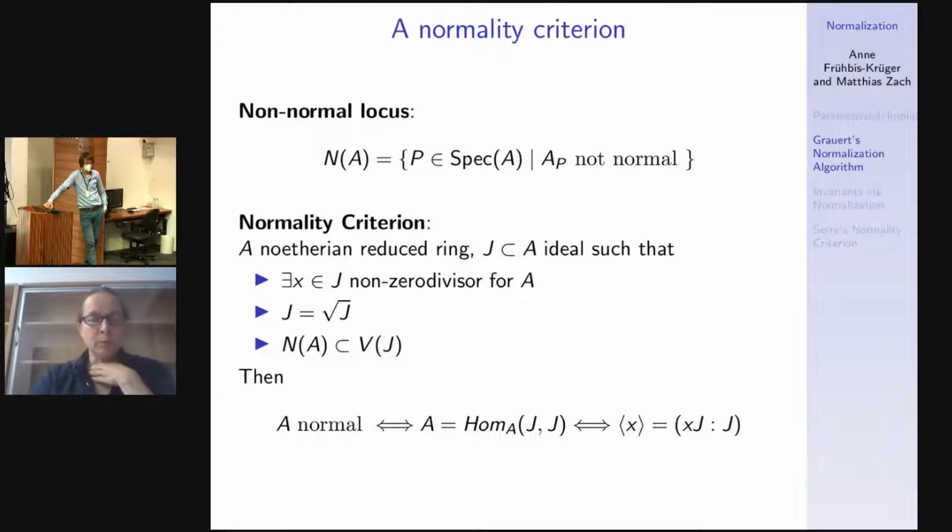So we have a computable criterion, the computable side is on the right side, to check whether A is normal if we have a good ideal J that we can use for it.